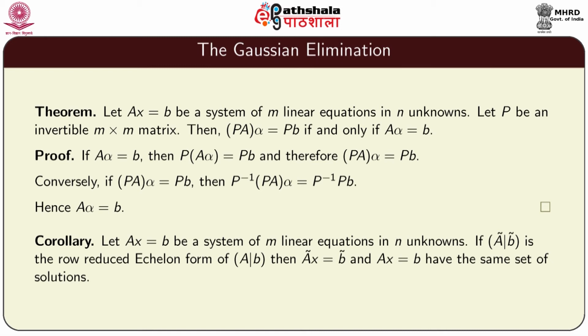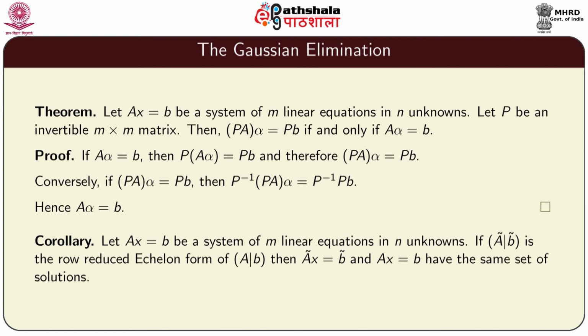And again if you apply P inverse, then you get P inverse P A alpha is P inverse P B. That is because P is invertible, and P inverse P is the identity matrix, and therefore A alpha is equal to B.